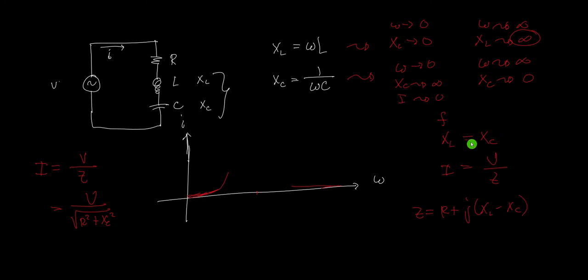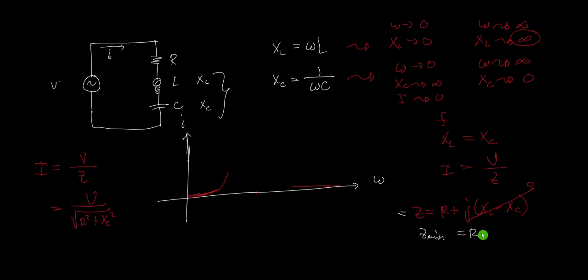So if XL is equal to XC, this term is equal to zero. Therefore that is the time that our Z is minimum. Z is minimum when XL minus XC is equal to zero, and Z is just equal to R. That's the minimum impedance that we will be getting in the RLC circuit.